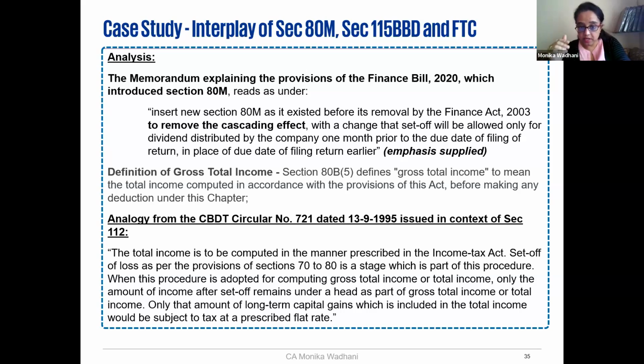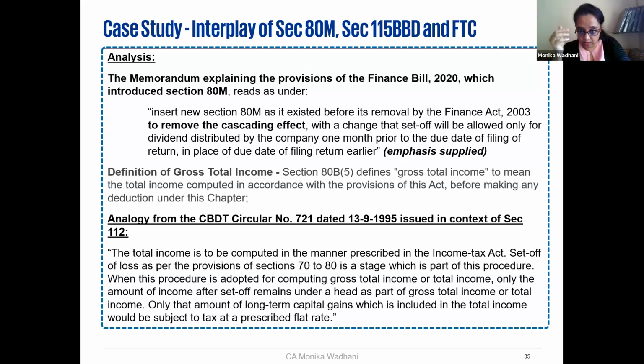In that case, subsection 4 of 115A explicitly mentions that Chapter 6A deduction shall not be eligible in order to compute the income under the special rates, and you have to apply the gross rate on that gross income. So there is an explicit provision, but there is no such explicit provision under 115BBD, and that is why this controversy is arising.